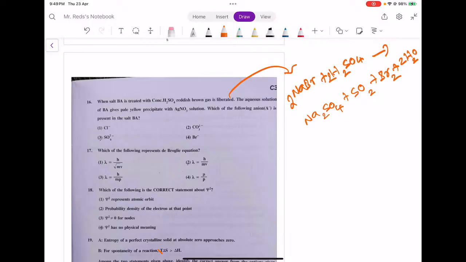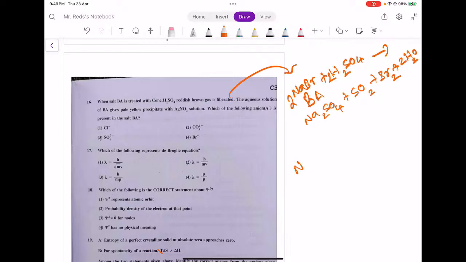And then the aqueous solution of B gives a pale yellow precipitate with AgNO3 solution. The compound B is sodium bromide.